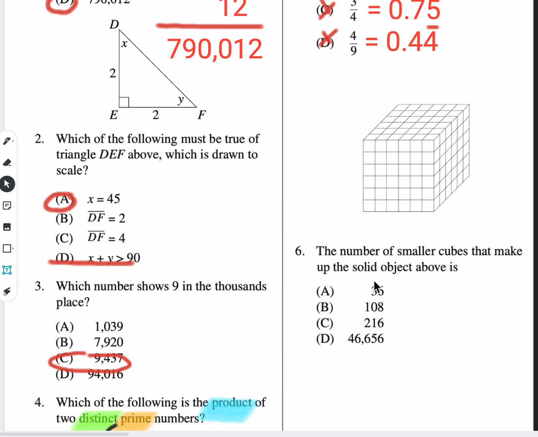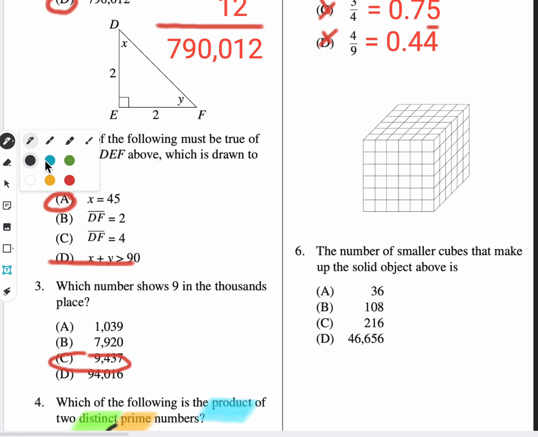Number 6. The number of smaller cubes that make up the solid object above is. Here we're looking at our three-dimensional shape. Let's not count every square, that could take a while. Here we can simply use multiplication.